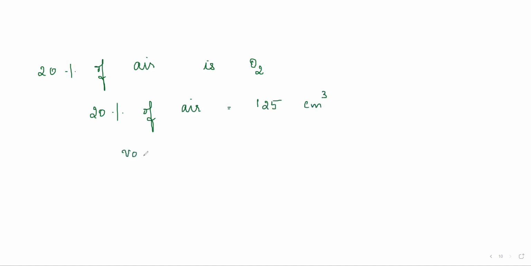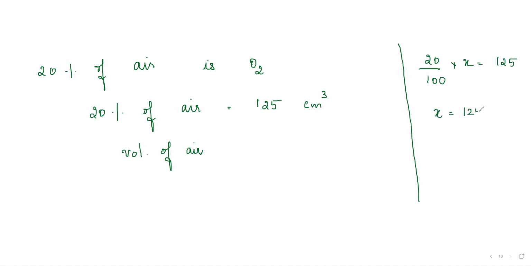So volume of air, how do we calculate? Let's do it here. 20 by 100 of X is 125. Therefore, X is 125 into 100 by 20. So we just need to calculate this.